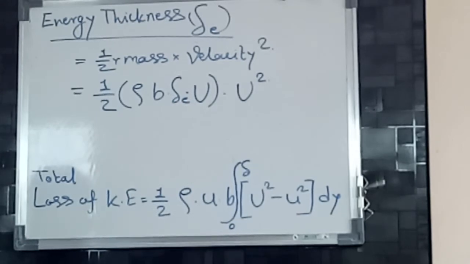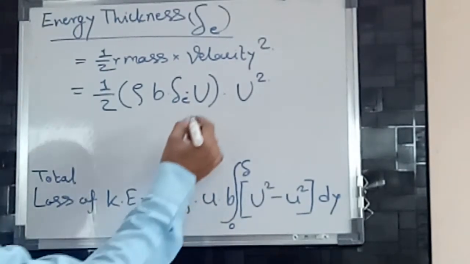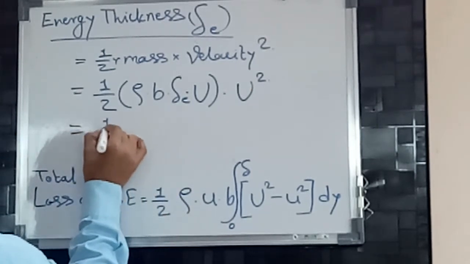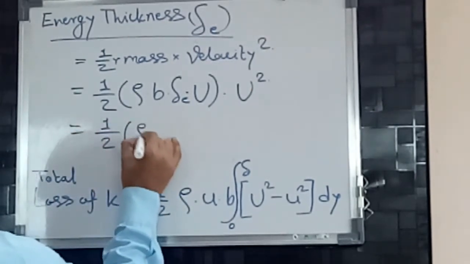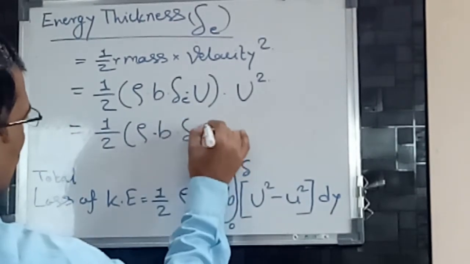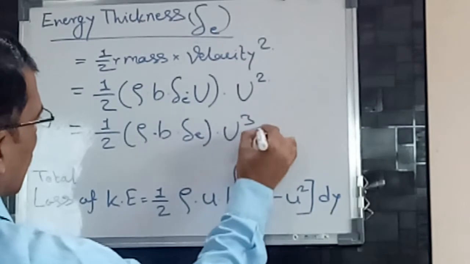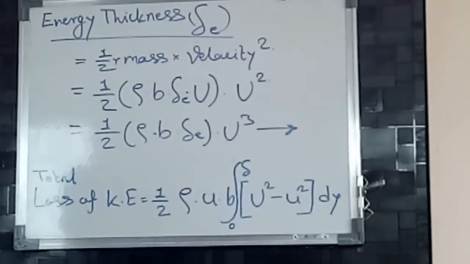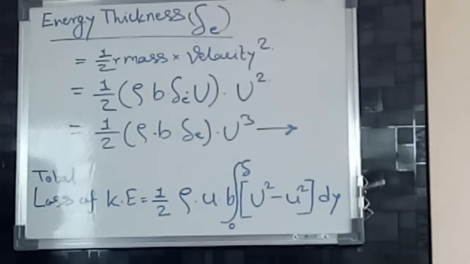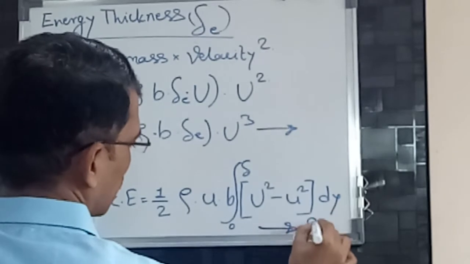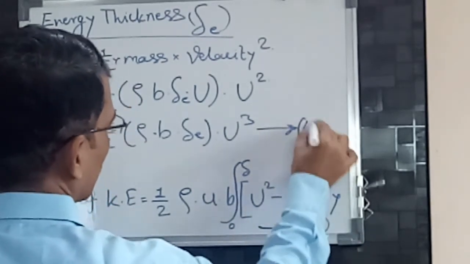So here U cube will come. This is the third equation, and this is the fourth equation.